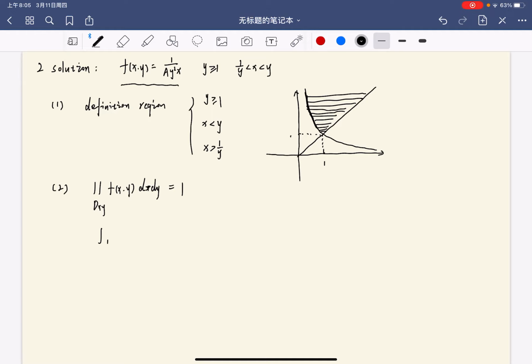We can find that y is between 1 and infinity. So we first calculate the integral of x.